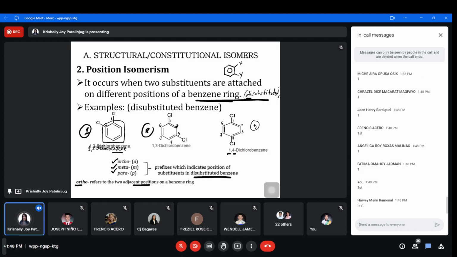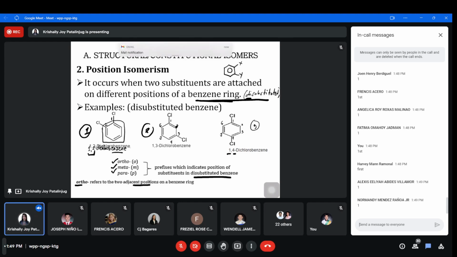Sa unang molecule, pwede natin yan gamitan ng ortho prefix in replacement of the numbers 1 and 2. So kumbaga, instead of numbers that indicate the position of substituents, you use the prefix ortho. So magiging ortho dichlorobenzene. Kasi ibig sabihin ng ortho, magkatabi yung substituents.